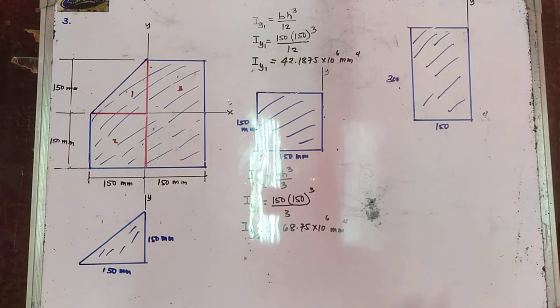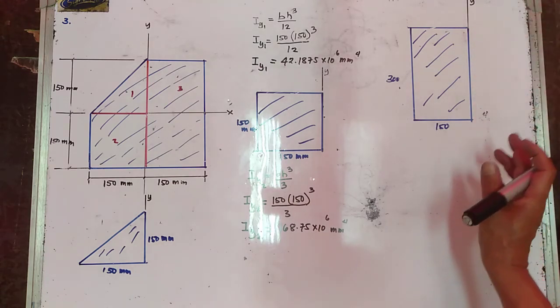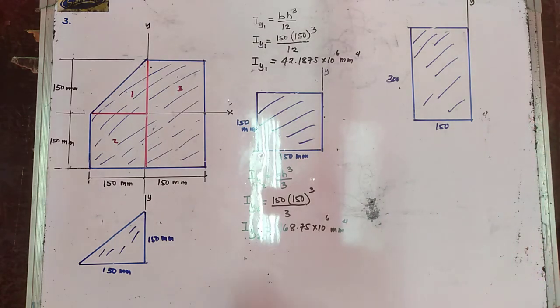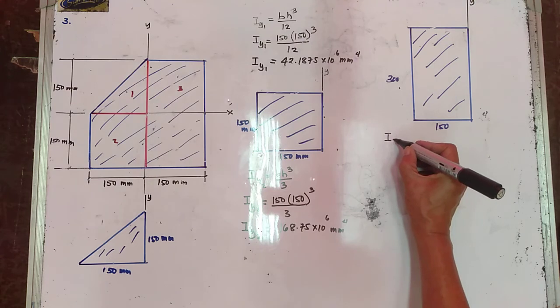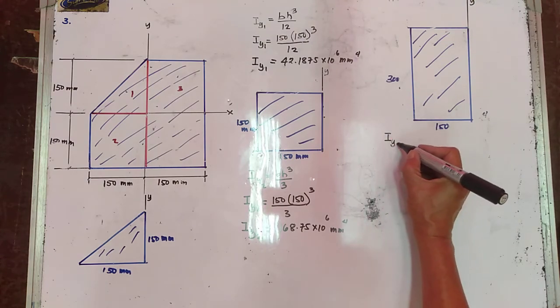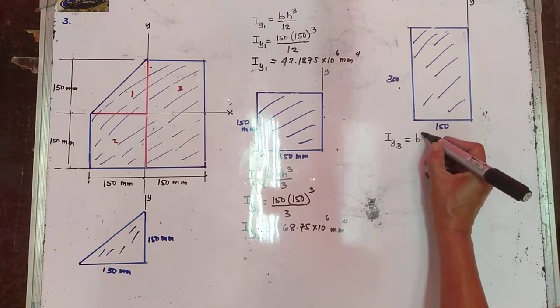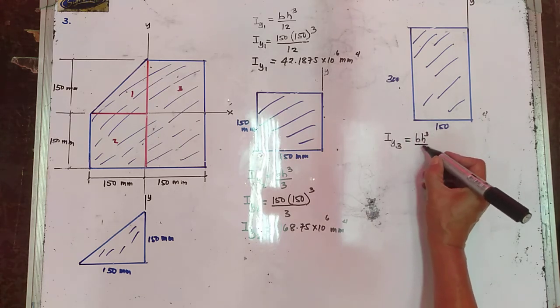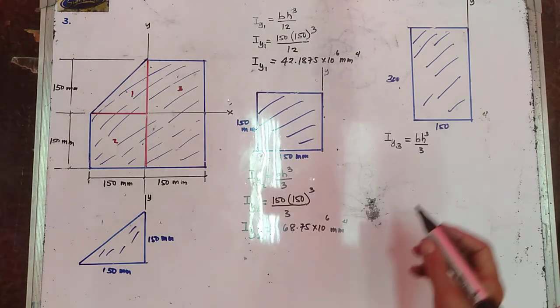So again, the y-axis is along the base of this rectangular area. Hence, the moment of inertia of the third area with respect to the y-axis is now equal to bh cubed all over 3.